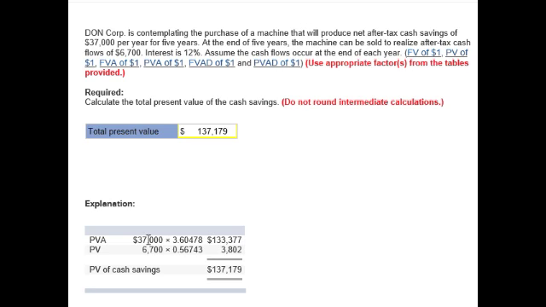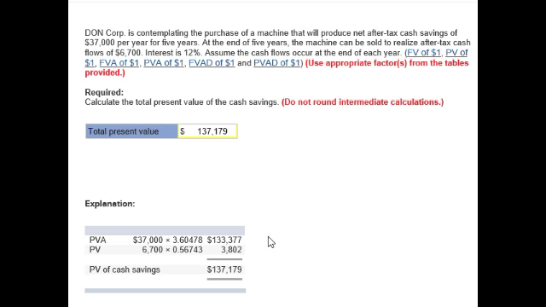In other words, $37,000 every year, received at the end of each year, is equivalent to 133,377 of present value if we are applying 12%. If I just multiply 37,000 times 5, it comes out to 185,000. But the present value should actually be smaller than that amount, because I'm not getting all five payments of $37,000 today.